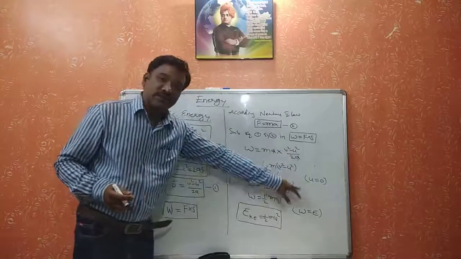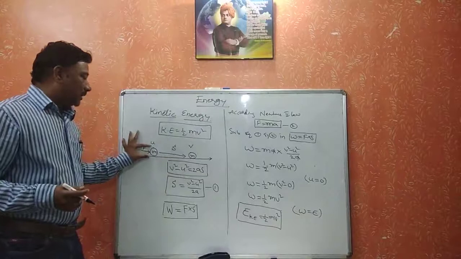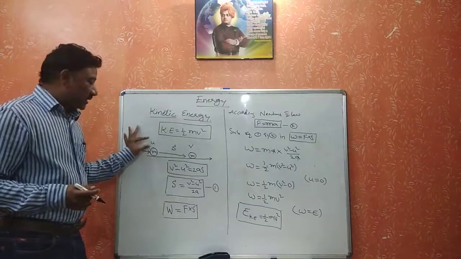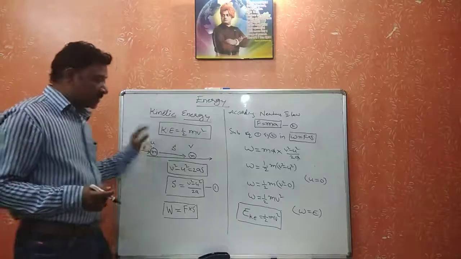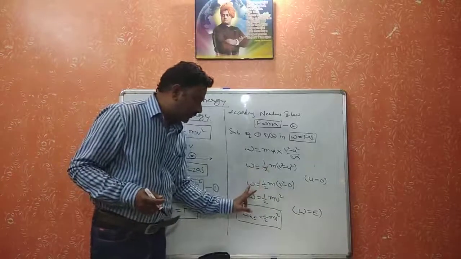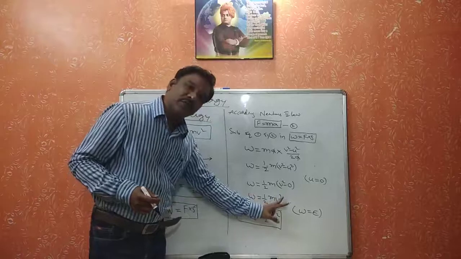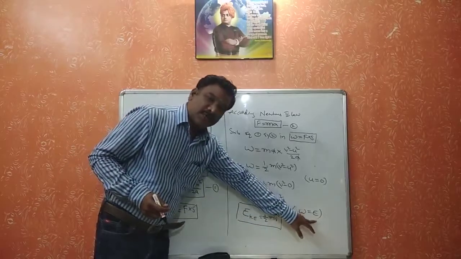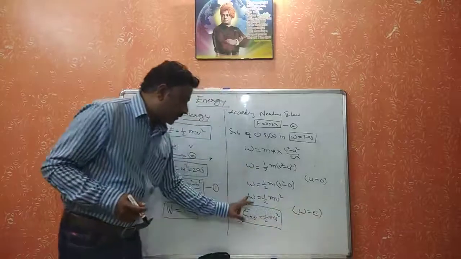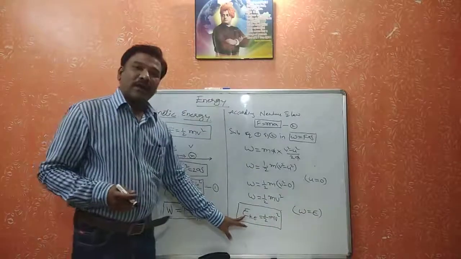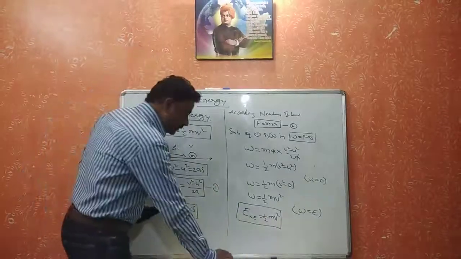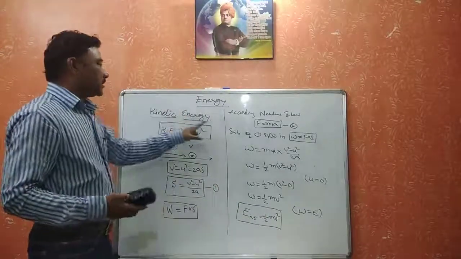But here the u value is 0, because the object is in the rest position, and its initial velocity can be taken as 0. Then you get W is equal to half mv square. Here the work done is equal to the energy possessed. So instead of work we take the kinetic energy: KE is equal to half mv square. So this is the work-based derivation for KE is equal to half mv square.